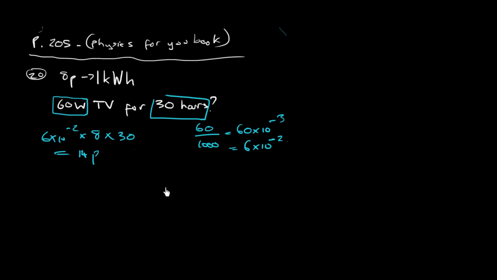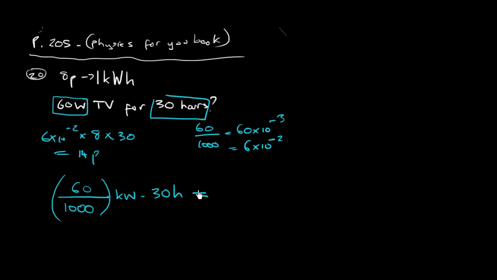But I need to say, well, how many kilowatts is 60 watts? Well, I divide 60 by 1000 to get 60 watts in kilowatts, and that multiplied by 30, the number of hours, comes out to be the same thing as what I did here.